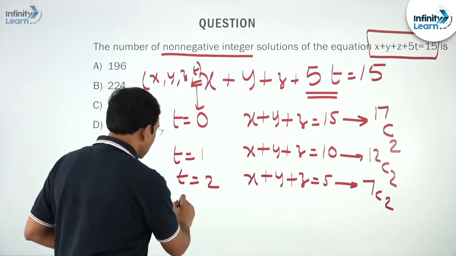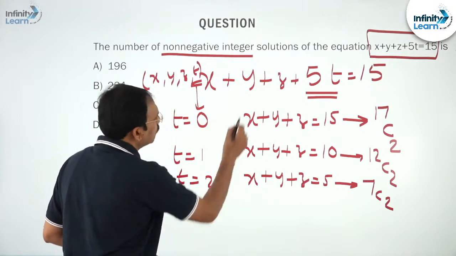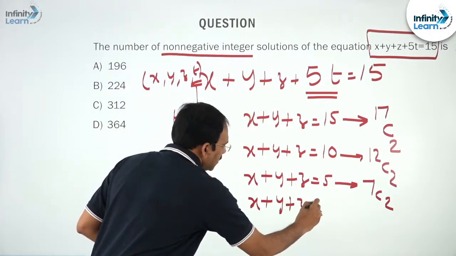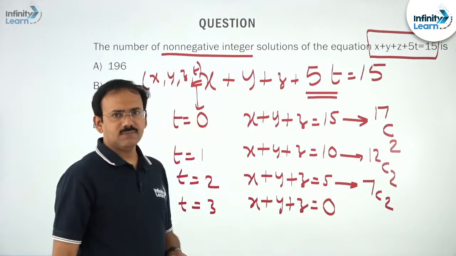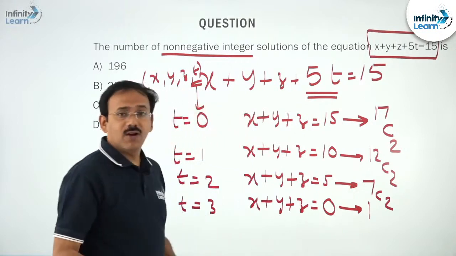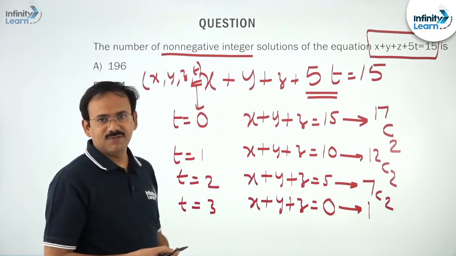Fine. The last case, if you take t is equal to 3, so you are going to get x plus y plus z is equal to 0. Of course, it will give only one case, which is 1, because x is 0, y is 0, z is 0. That is all.